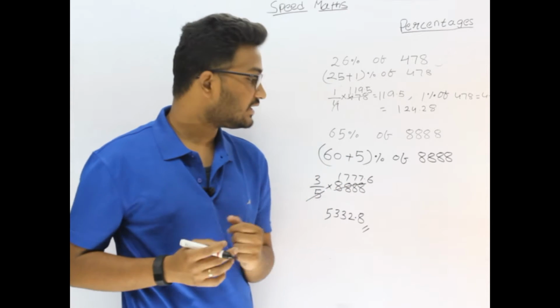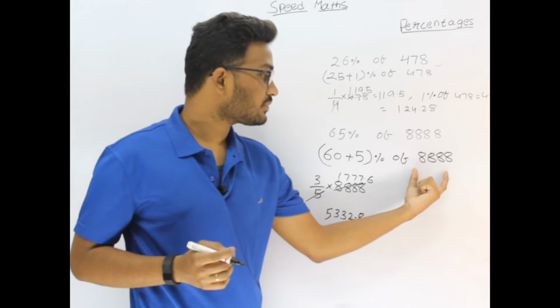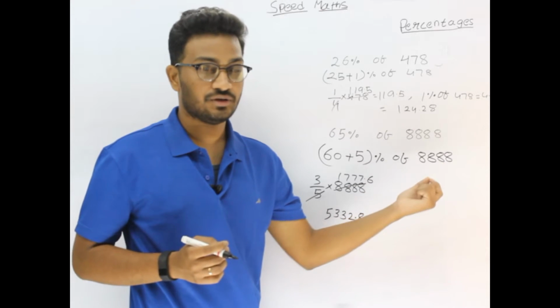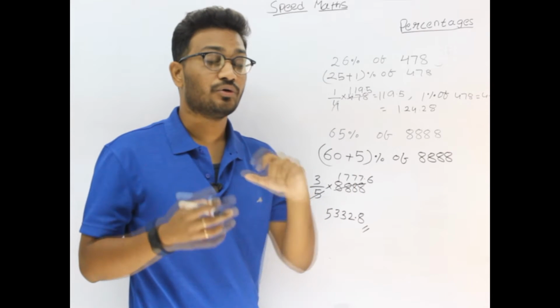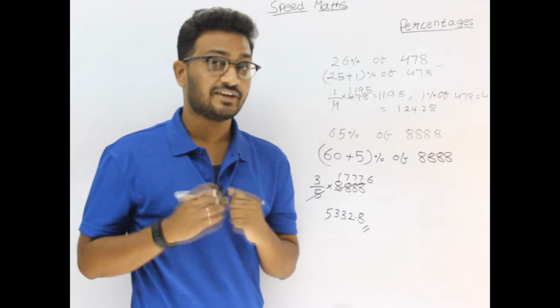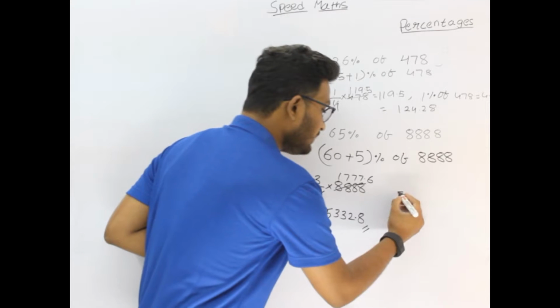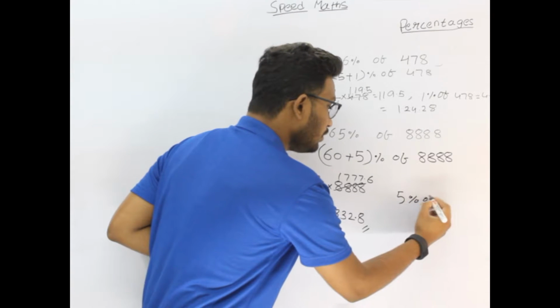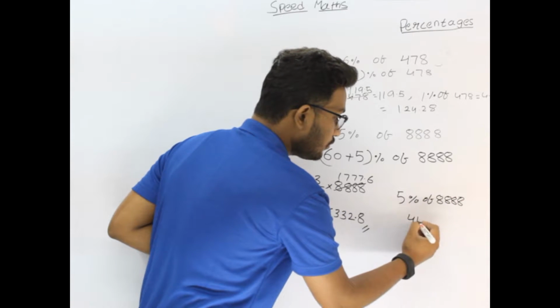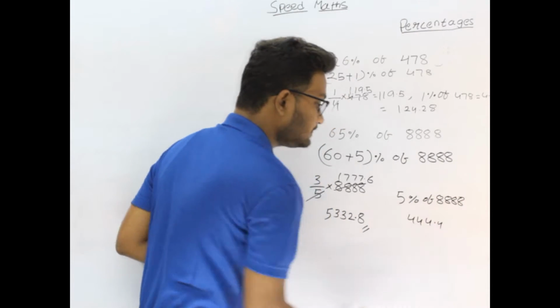Now what about 5%? We all know that 50% of 8888 is 4444. So if we divide that 50% value by 10, we get 5%. So 5% of 8888 will be 444.4.